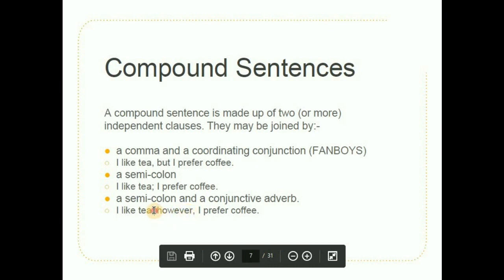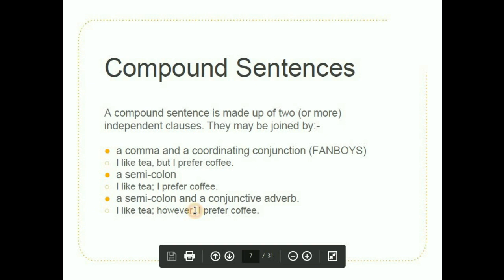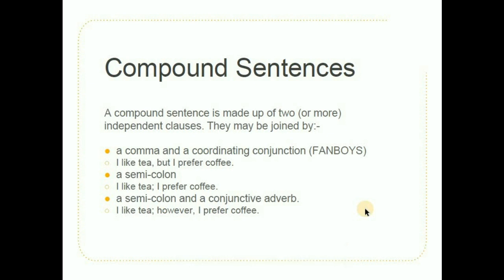In this case, the semicolon always comes first, the conjunctive adverb follows, and then there is a comma here. A conjunctive adverb is a word or a group of words that can join independent clauses. You might recognize however, therefore, meanwhile, and so on.